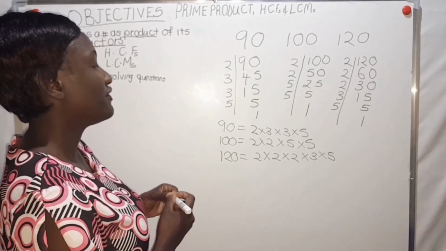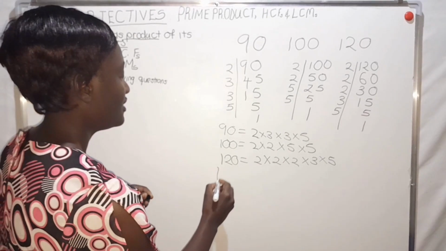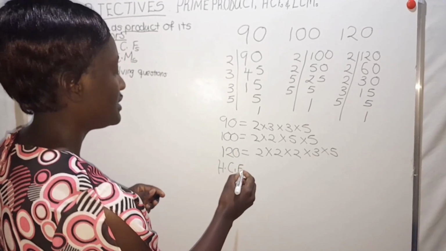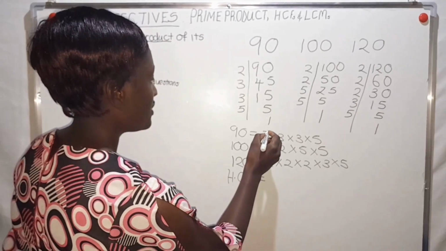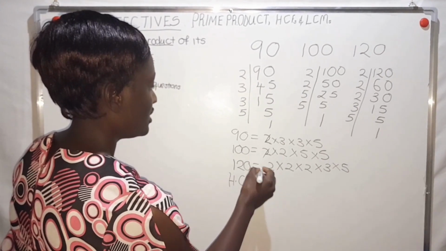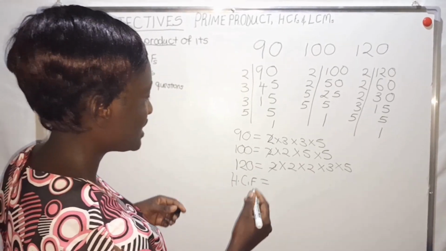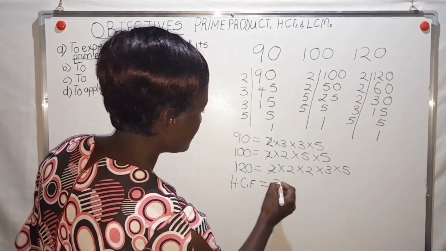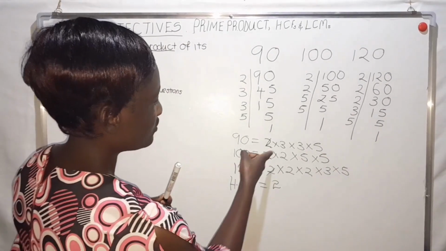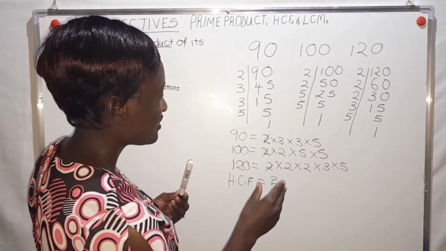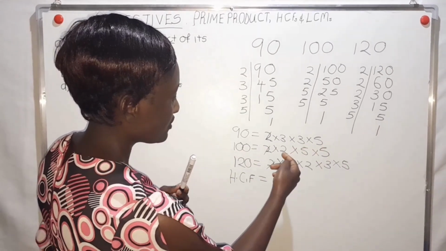Now we want to find the highest common factor of 90, 100, and 120. So we are getting 2 in all these expressions, so we write it down. 3, we can't get 3 as a factor of 100, so we leave 3.